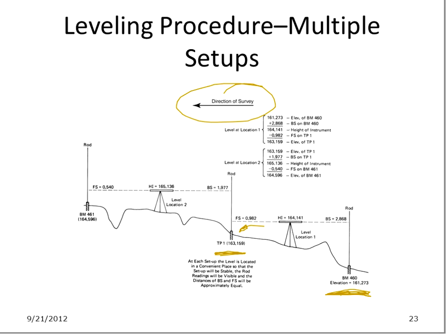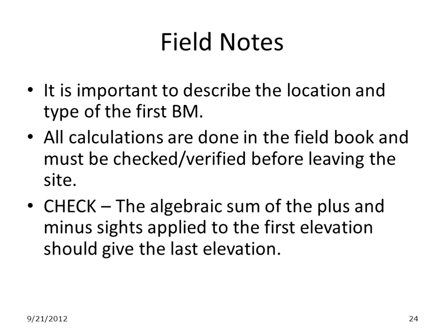So in order to carry our elevation across based on our direction of survey, we need to set up this temporary or turning point, calculate the elevation, and then move forward to get to either our next, in this case it shows as a benchmark, but you'd be getting to your next point that you're trying to determine elevation. And then you would just pick up the instrument again and move forward. Oh, that's a really horrible arrowhead, isn't it? There we go. You would just be moving forward to your next point with your next rod.